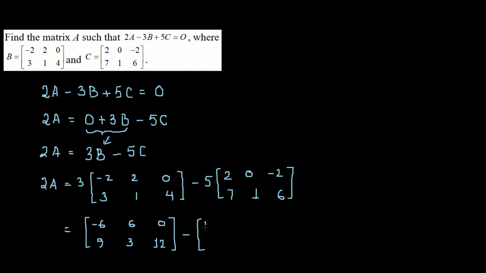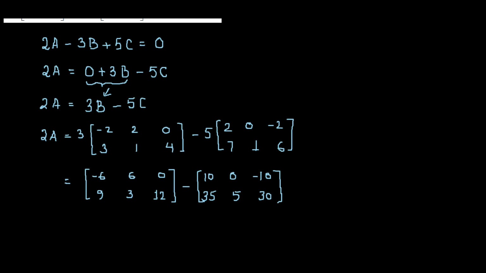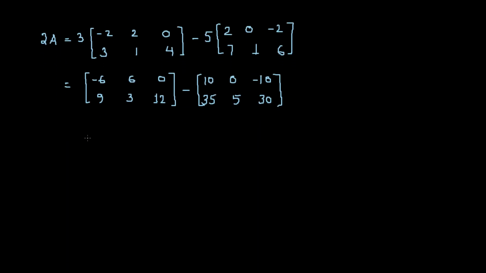Minus: 5 times 2 is 10, 5 times 0 is 0, 5 times -2 is -10, 5 times 7 is 35, 5 times 1 is 5, and 5 times 6 is 30. So there we have two matrices, and we need to subtract. So this should give us -6 minus 10, 6 minus 0, 0 minus -10, 9 minus 35, 3 minus 5, and 12 minus 30.